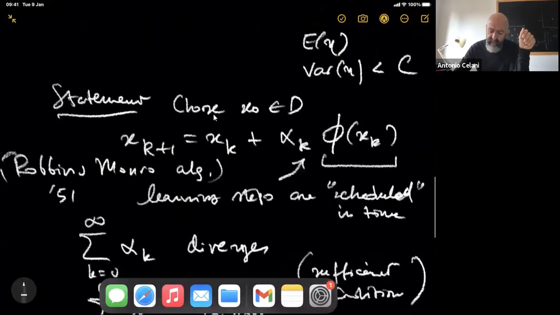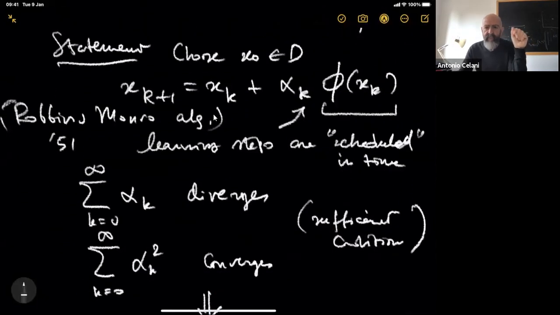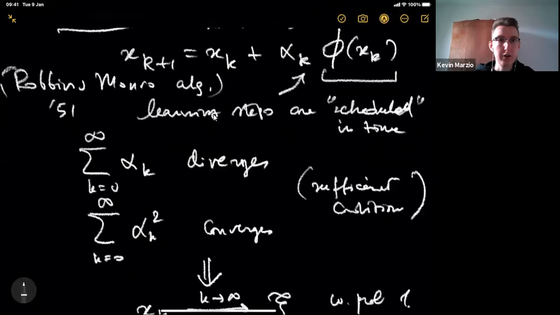Okay, so is the statement clear? We have an algorithm, we have conditions on these learning rates, and we want to prove that this sequence of points converges almost surely to our zero.